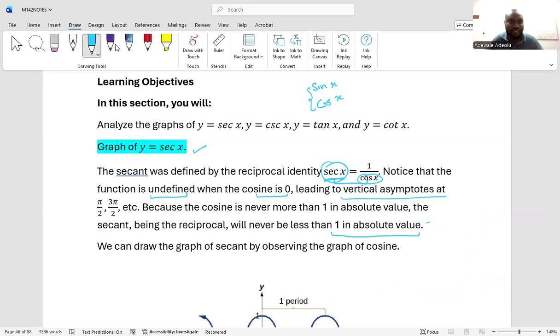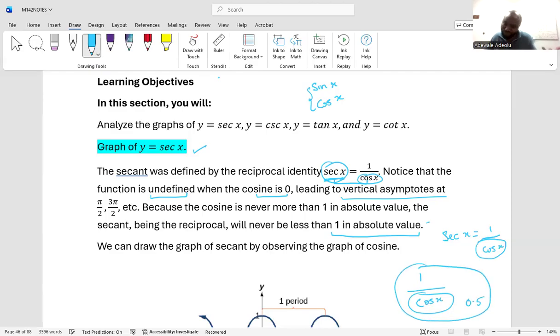Because we can write secant as 1 divided by cosine of x. And we are saying that this item here is never going to be more than 1. Remember, in analyzing something like this, if this quantity is, let's say, 0.5, then everything here will be 2, which is more than 1.